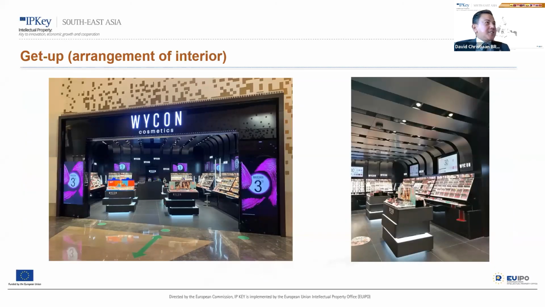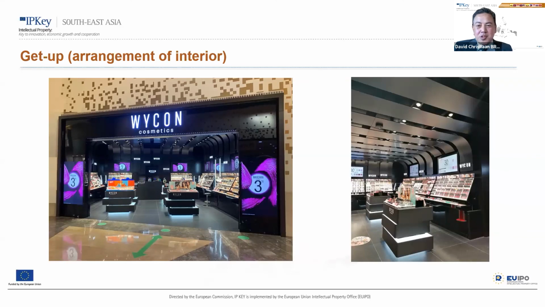The next that is maybe interesting to know is that we also have designs that are called get-ups. The name is maybe a little bit strange. They are arrangements of interiors. They can be arrangements of shops, of rooms, of boats, of cars.